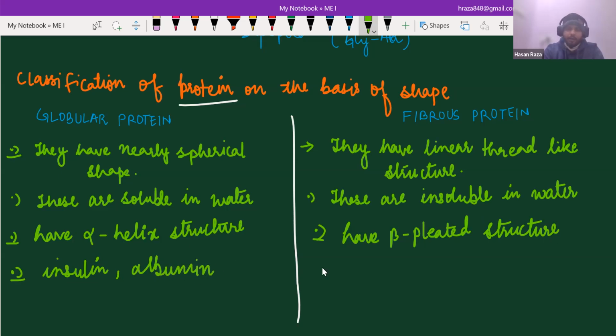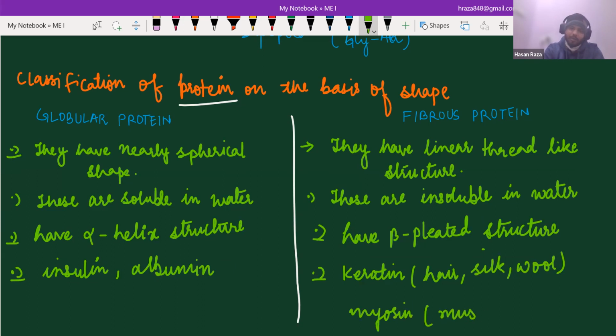And for fibrous, keratin, which is in hair, silk, wool, and myosin, which is present in muscles.